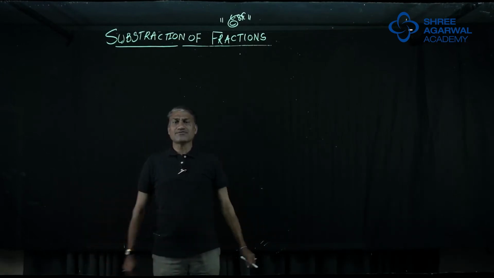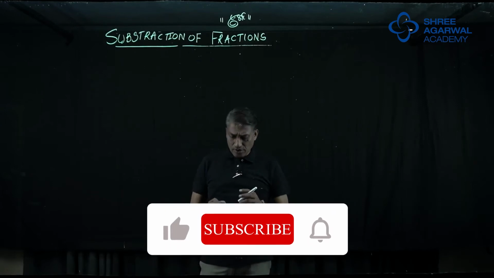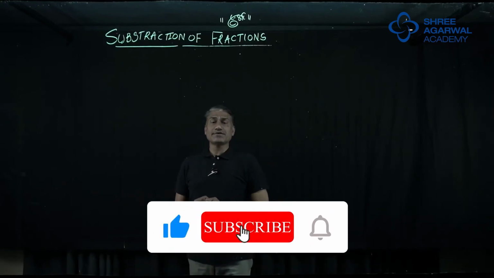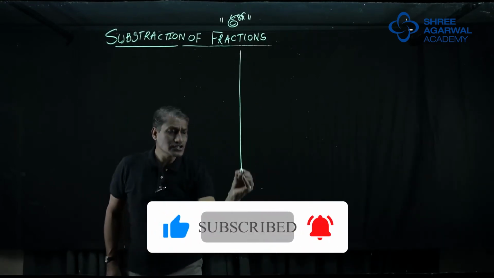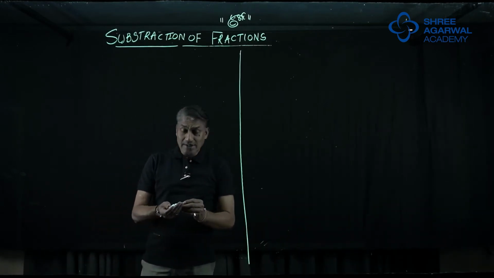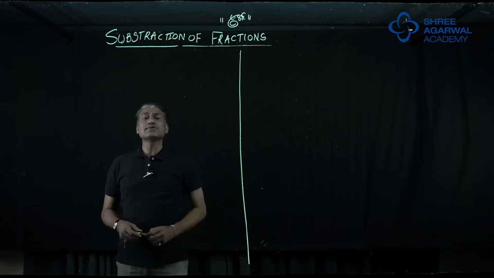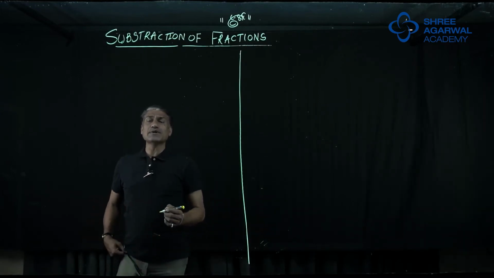How to subtract fractions? Now in the last video we learned addition of fractions, and today we are going to learn subtraction of fractions. And in subtraction of fractions also there are two methods. The first method is the simpler method. It is called cross multiplication method.